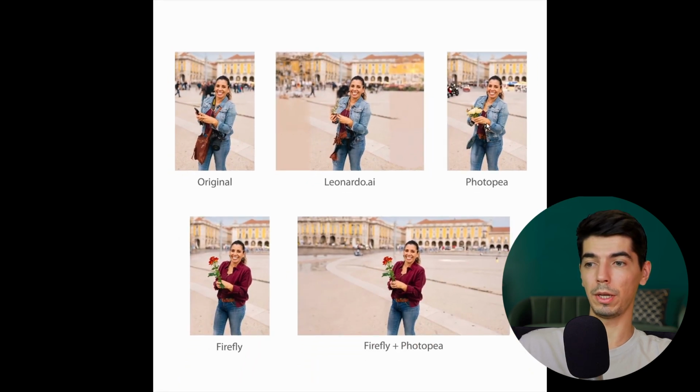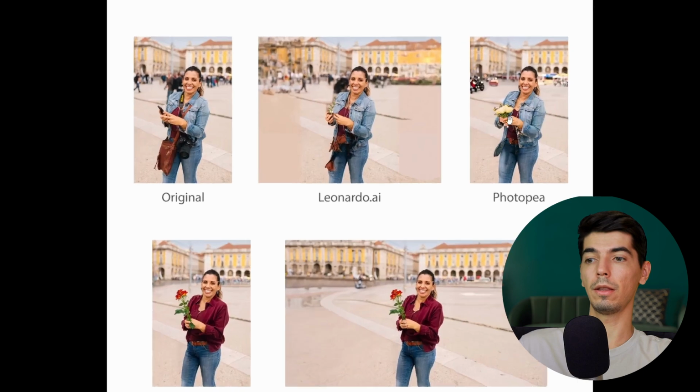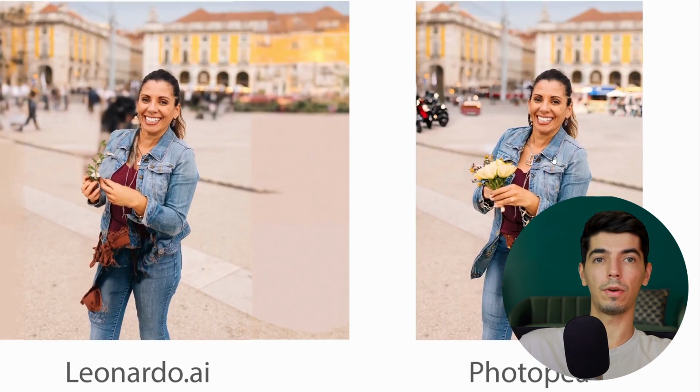Photopea, if you don't zoom in, they have a pretty good result, and even if you zoom in, they have a fair result. I think after Adobe's Firefly and the Generative Fill has the biggest potential by far from them. From all the free tools that I tested, the part where I removed the camera and the purse is very good.